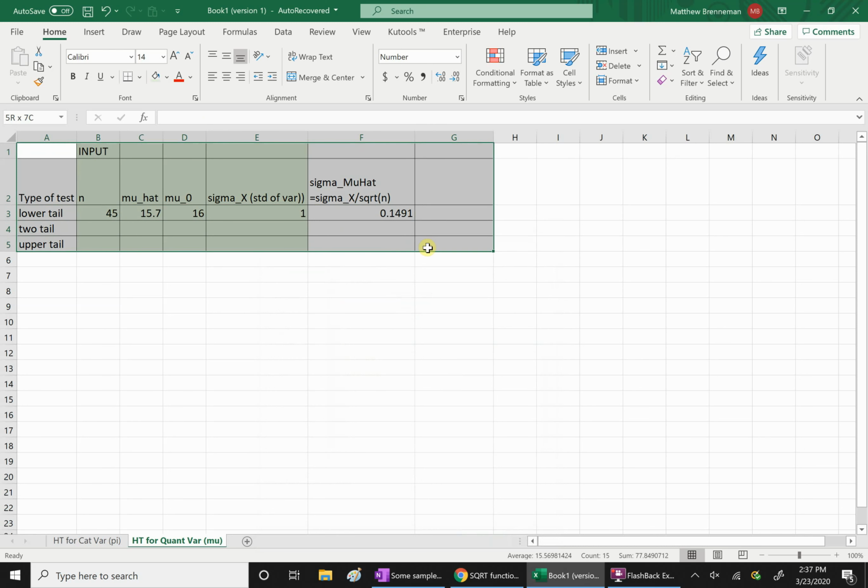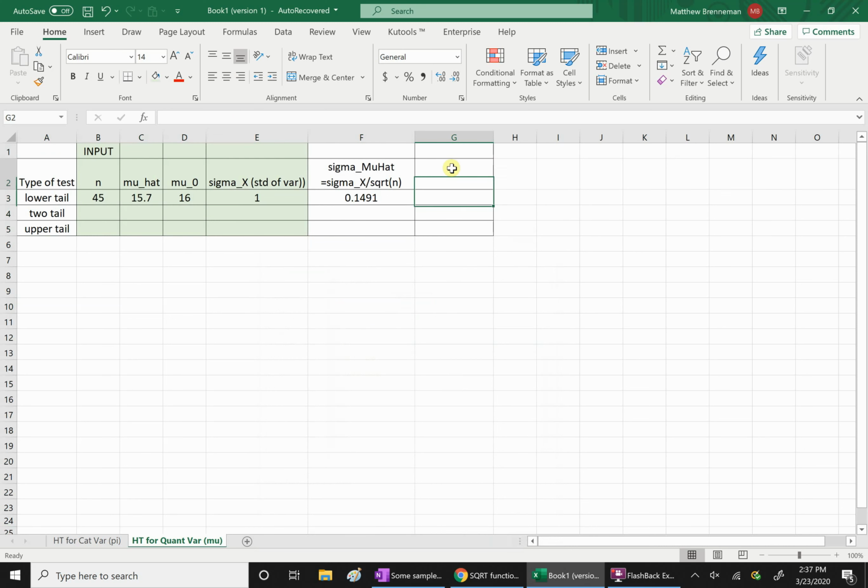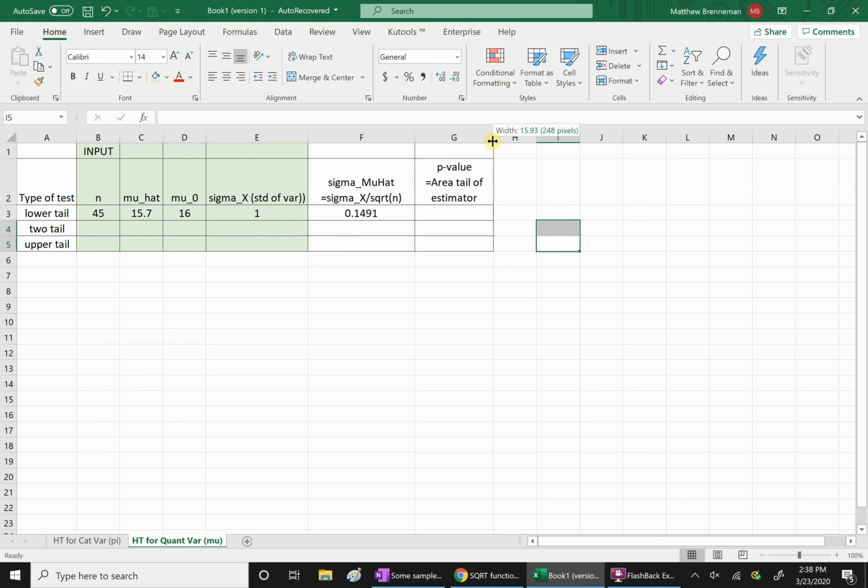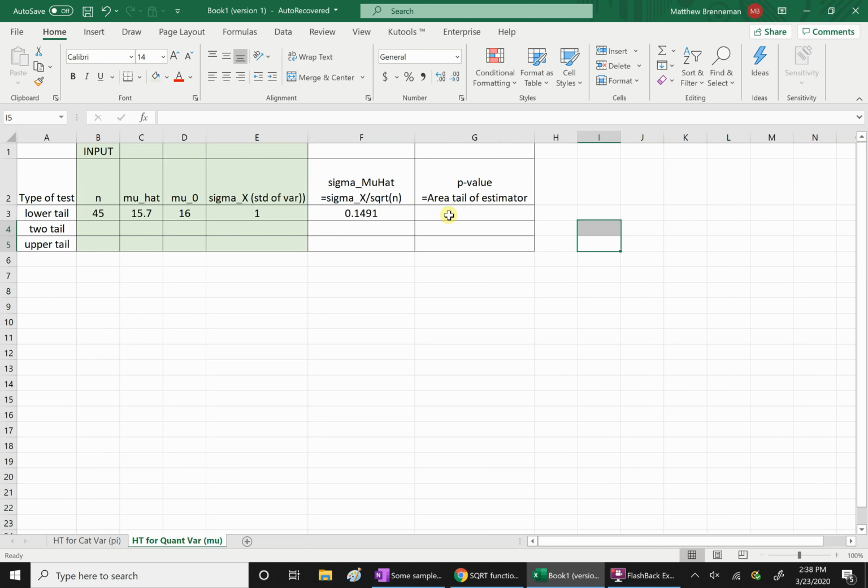Now we want the p-value. So the p-value, remember what it is, it's the area in the tails. It's the area in the tail of our estimator. And you have to remember, when you have a two-tailed test, you have to multiply that by 2, right? But in this case, we don't.